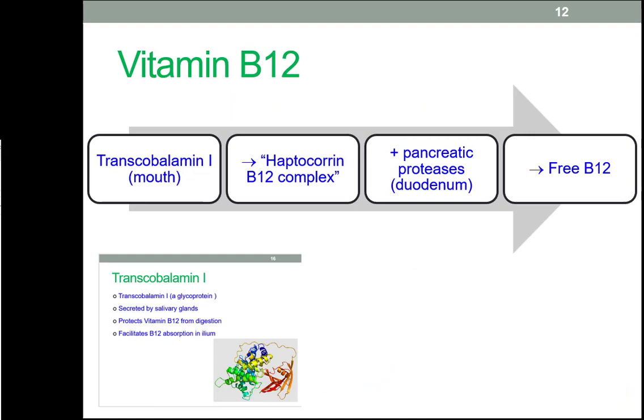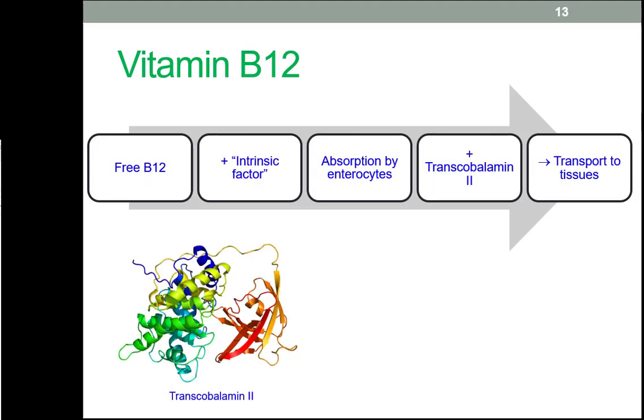Okay, vitamin B12. As mentioned earlier, transcobalamin 1, sometimes called haptocorrin, is produced by the salivary glands and forms the haptocorrin vitamin B12 complex. This protects vitamin B12 from acid degradation in the stomach acids. In the duodenum, this complex is broken down, releasing vitamin B12, which continues its journey.